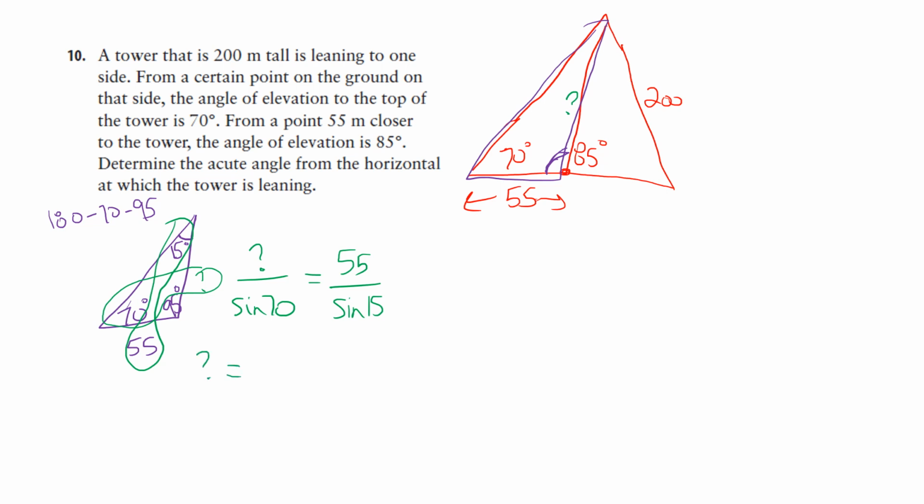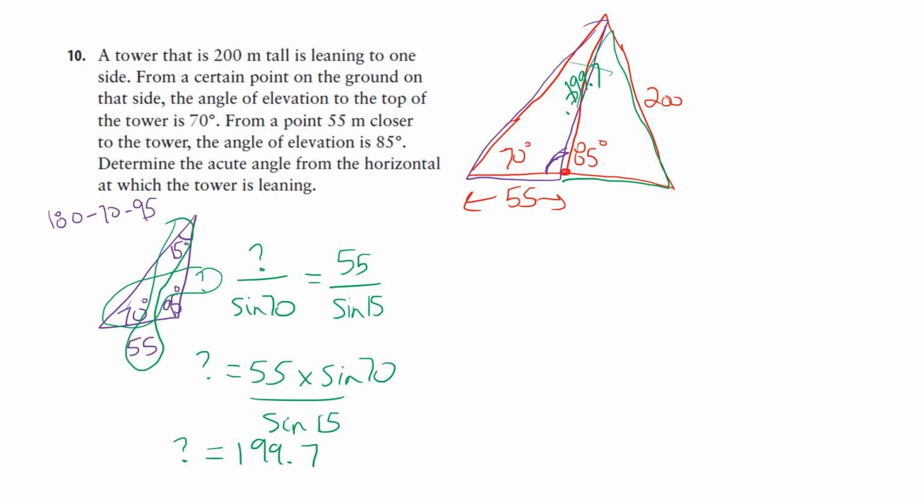So I did 55 times sine 70 divided by sine 15, and that gets us an answer of 199.7, we'll say. So I can fill that in here, 199.7. And so now I'm going to draw what I have for this part of the triangle.